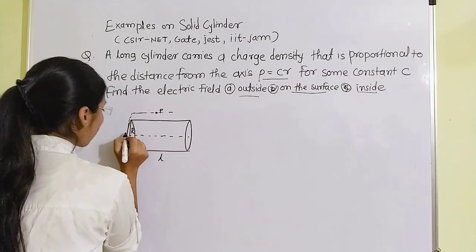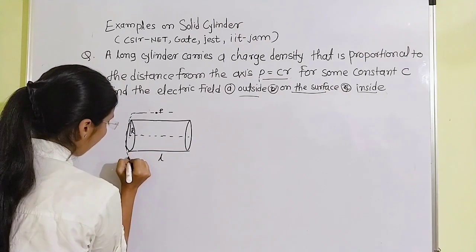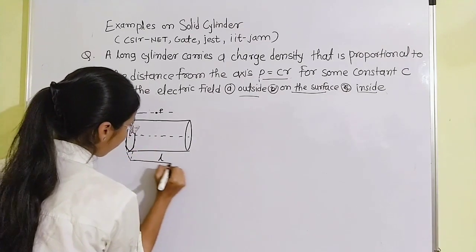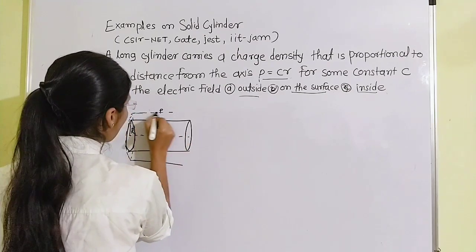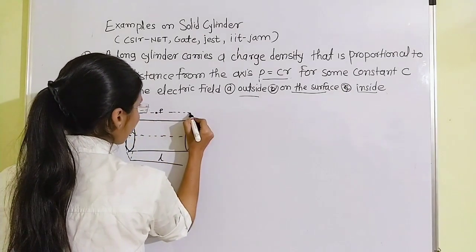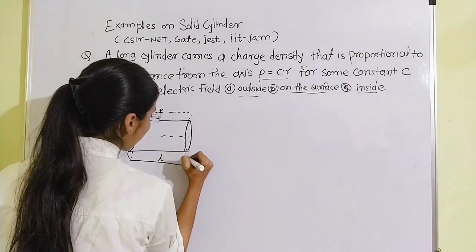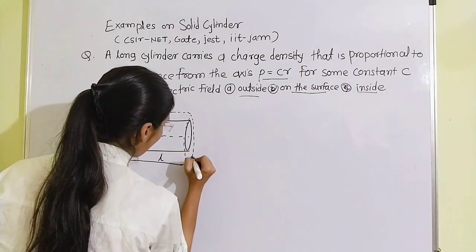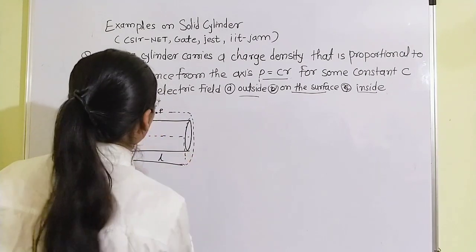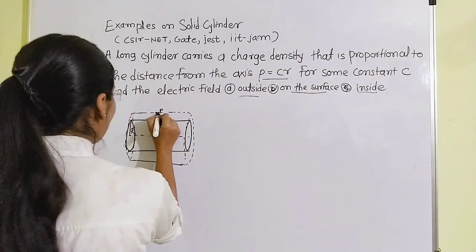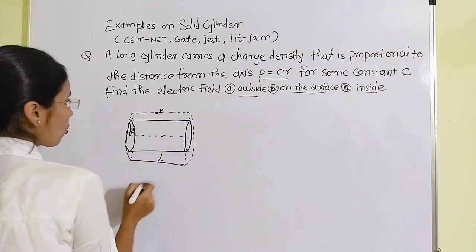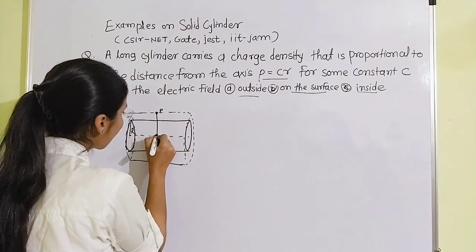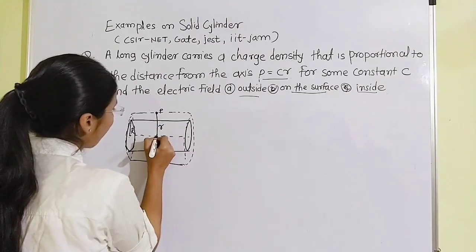So this is our Gaussian surface. We have to find the electric field at this point, and the distance of this point from the center of this cylinder is small r.